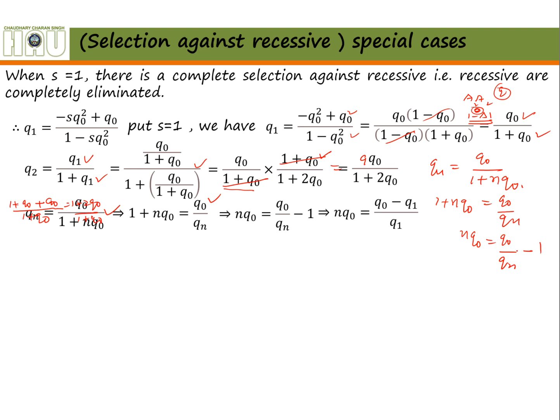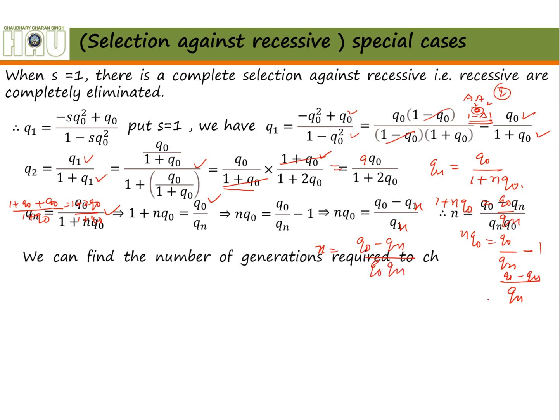And nq0, if I simplify it, if I take the LCM, it is q0 minus qn upon qn. So you will get this. And we can find out the value of n. n can be found as q0 minus qn divided by q0 qn. So we can find the number of generations required to change the gene frequency from q0 to qn.